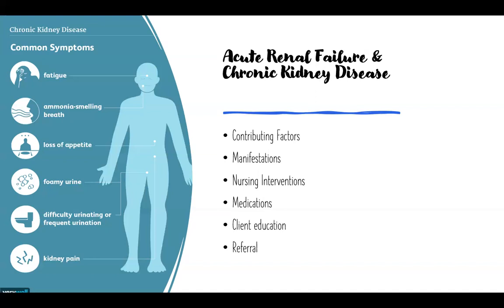But if they're stage 1, we can implement dietary restrictions, patient teaching, monitoring their blood pressure, their diabetes, so they don't progress to stage 5, which is a GFR that is less than 15. So that's like if your cell phone is at 15%, it's not going to last much longer, right? So that's how I like to think about it.